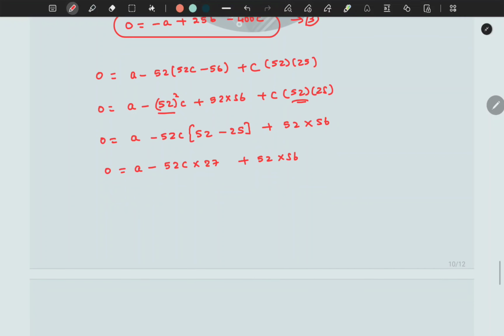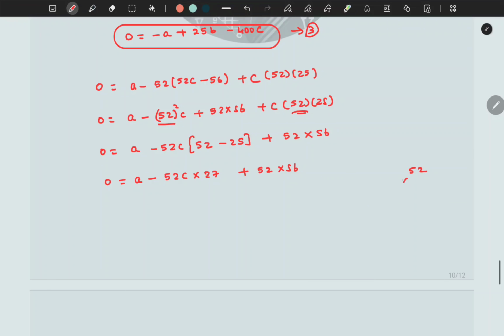Now we have to multiply this. So 52 multiplied by 27 quickly: 7 2s are 14, 7 5s are 35, 36, 2 2s are 4, 2 5s are 10. So we get 1404 here. 0 is equal to a minus 1404c, and then 52 multiplied by 56. 56 multiplied by 52, what do we get? 2 6s are 12, 2 5s are 10, 5 6s are 30, 5 5s are 25, plus 3, 28.